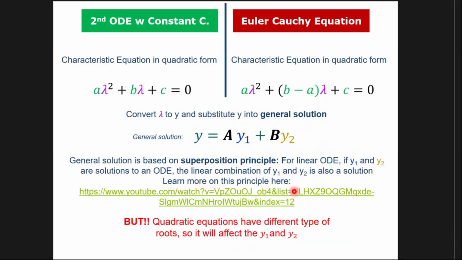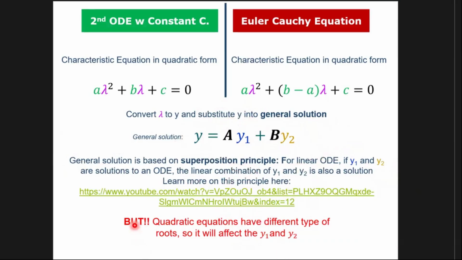It is very complex, so if you want to learn more about the principle, you can go to this YouTube video, but you can take this equation as it is and continue with the next step.